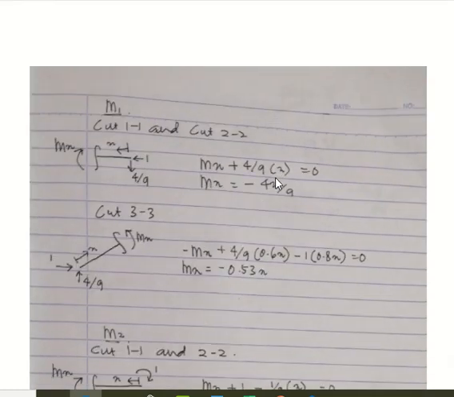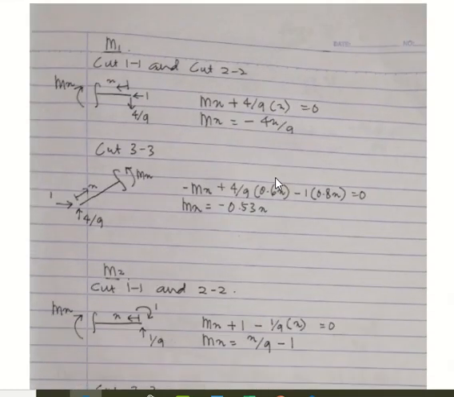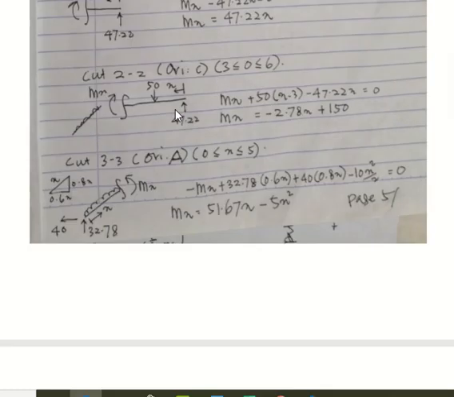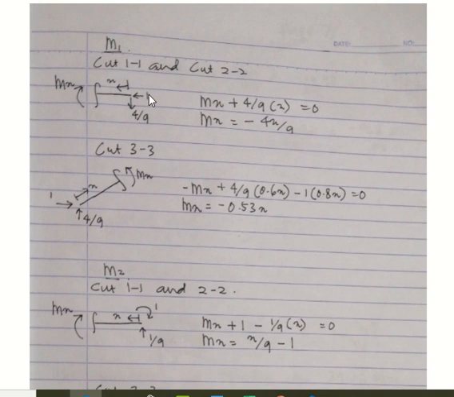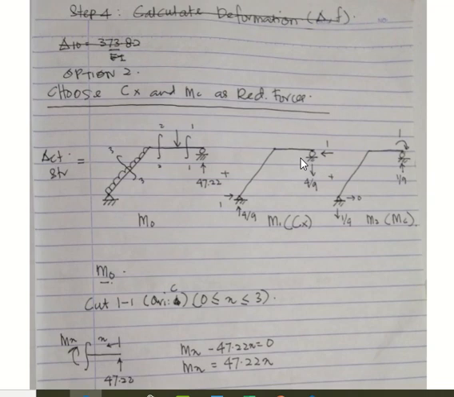Then we go for redundant structure number 1, similar to what we did for M0 here. Cutting number 1 and number 2 have the same moment equation, similar to M2.